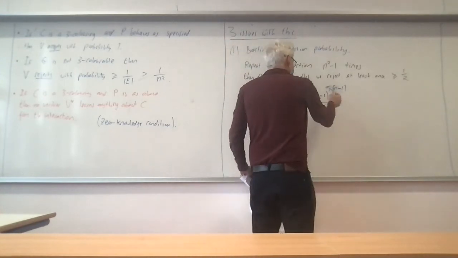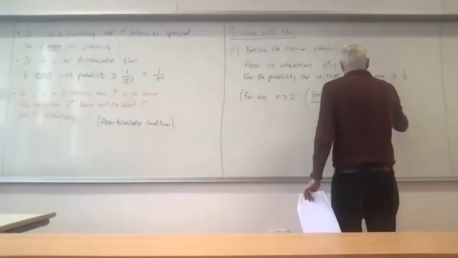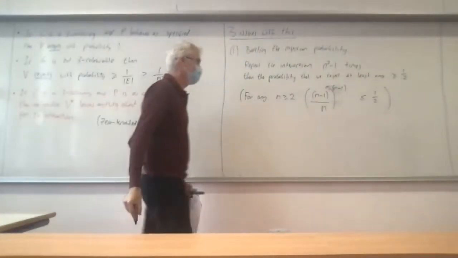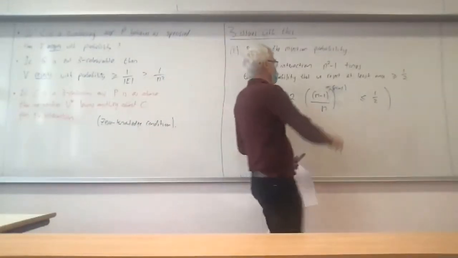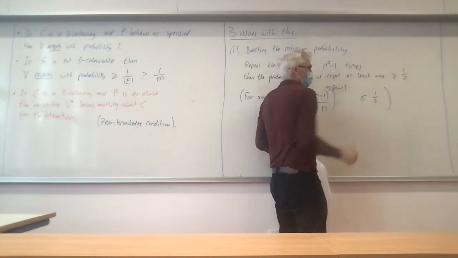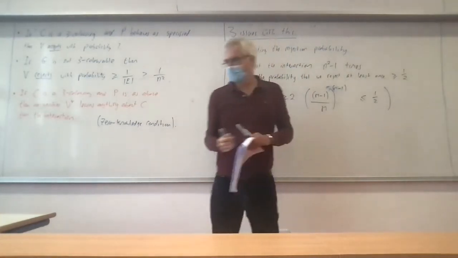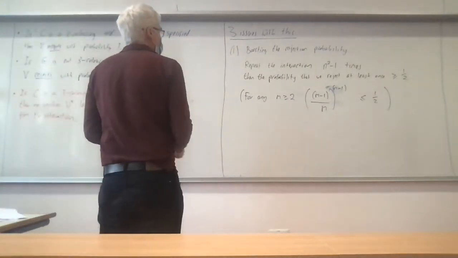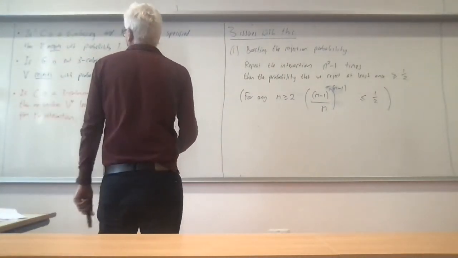And it turns out that this value is always less than or equal to 1/2. There's quite a simple calculation that tells us this. So this is 1 minus that, where n is n squared, and then that is greater than or equal to 1/2. Okay. So that issue we can deal with.